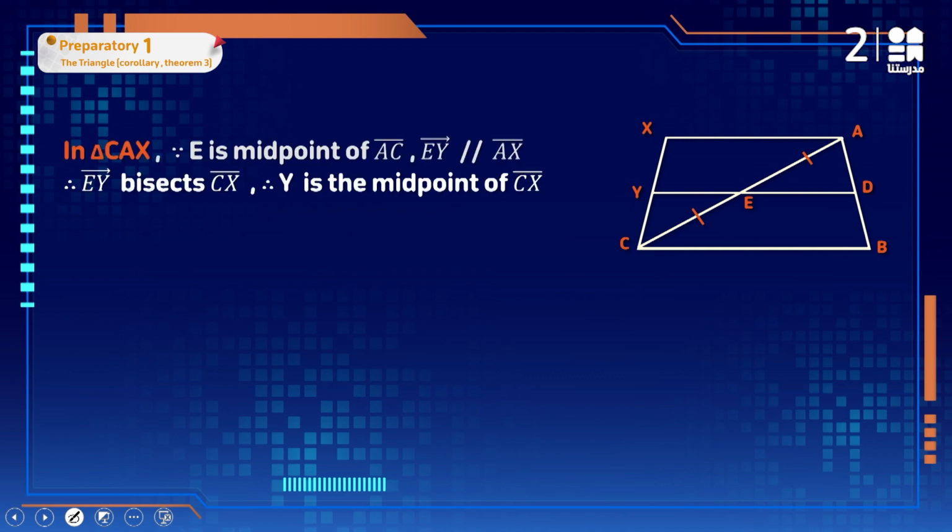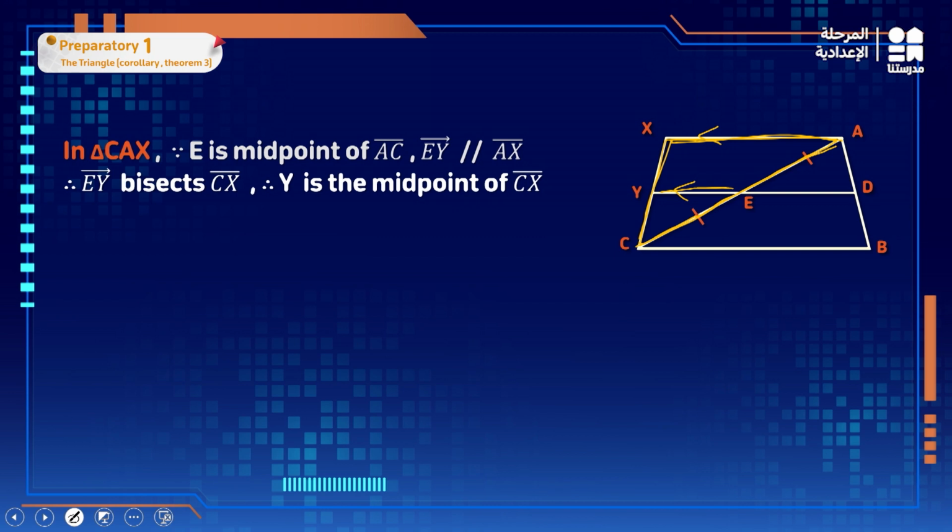Okay, in the triangle C, A, X, this one. E is a midpoint of AC. It is given in the question. Then EY parallel to AX. They are parallel.